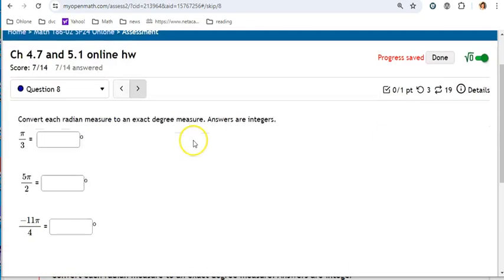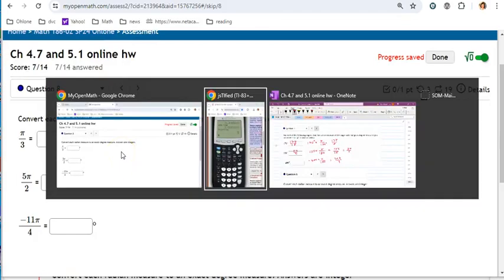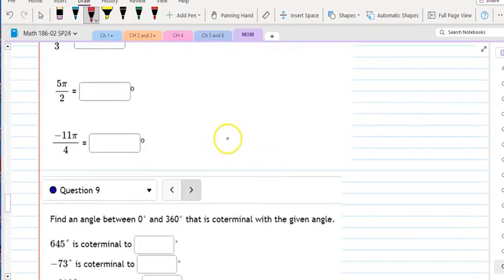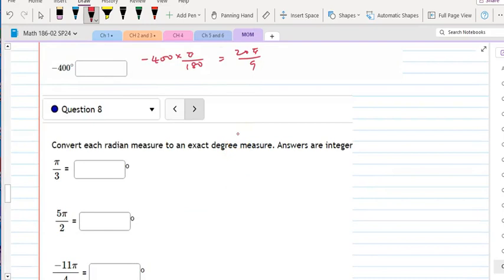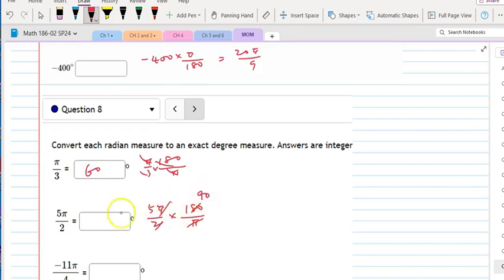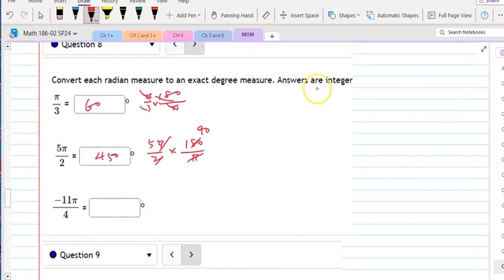But to convert into degree, you basically just multiply by 180 over pi. Pi and pi cancel, that's 60. 5 pi over 2 times 180 over pi. Pi and pi cancel, 2 becomes 90, 450. Negative 11 pi over 4, it's easy.